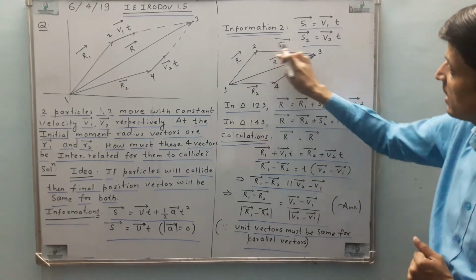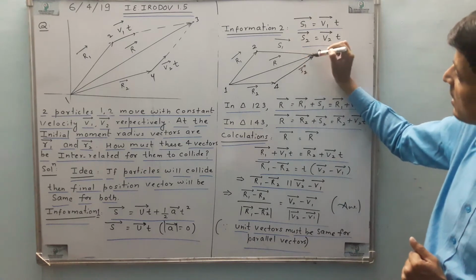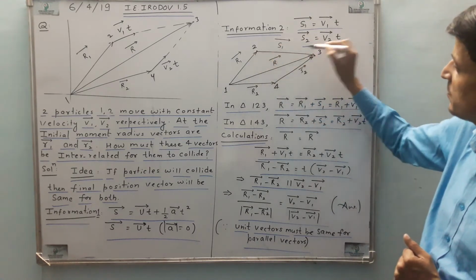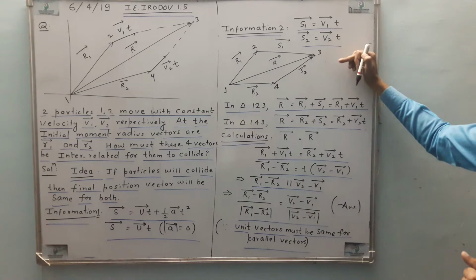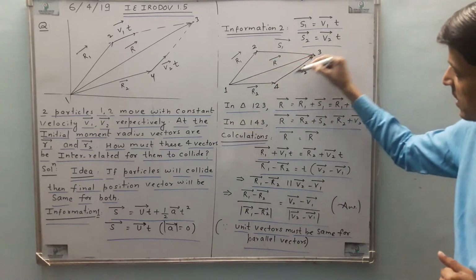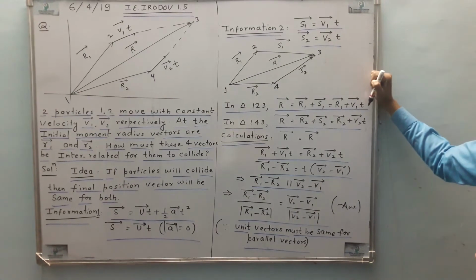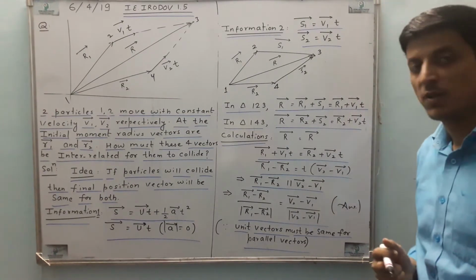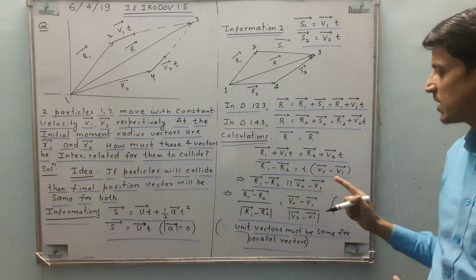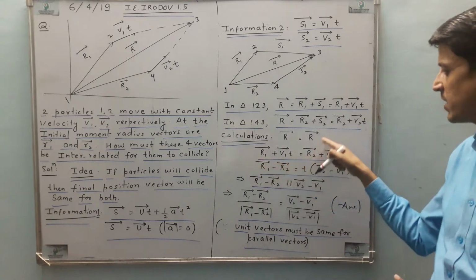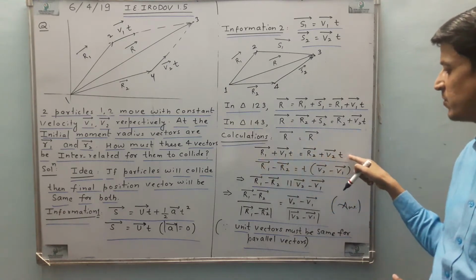In this triangle, we can see that vector r is equal to vector r1 plus vector s1 because of the triangle rule. And in this triangle, we have vector r equal to vector r2 plus vector s2, again by the triangle rule. Now let's start with the calculations. We know that vector r is equal to vector r, so over here we have r1 plus v1 t, and over here we have r2 plus v2 into t.